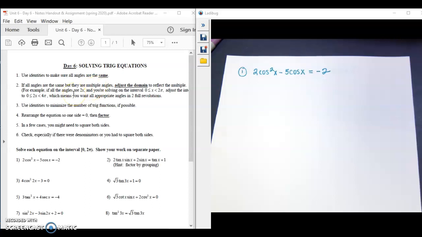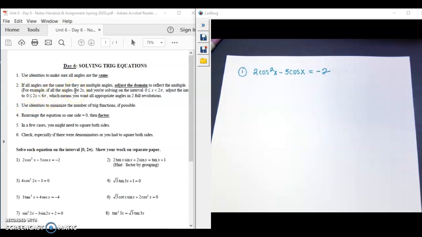Then it says if all angles are the same but they have multiple angles, we have to adjust the domain. When we are working with like the 2x, we're going to have to really do what I call 2 rounds of answers, because 2x would mean that you have the unit circle, and you would need to complete the whole unit circle, but you will be changing your domain to be a little bit broader.